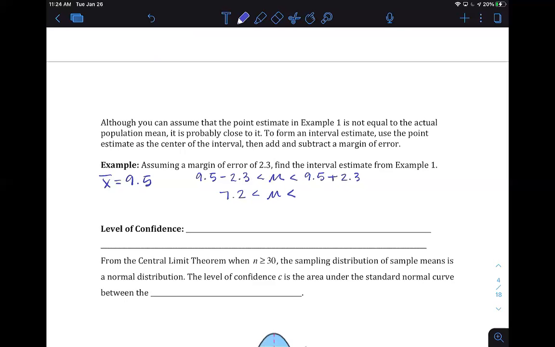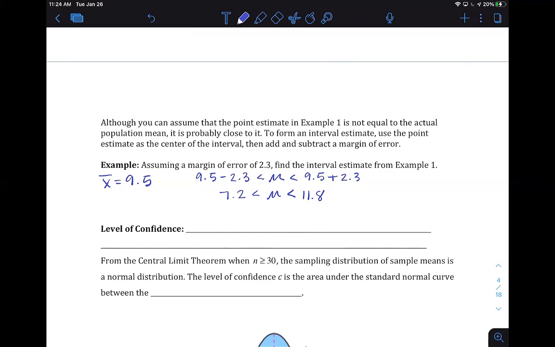And what's 9.5 plus 2.3? 11.8. So we can say that our population mean is somewhere between 7.2 and 11.8. Okay, and we're going to talk about here in a bit how confident we are in that. Okay. Questions with the adding and subtracting to find the interval?